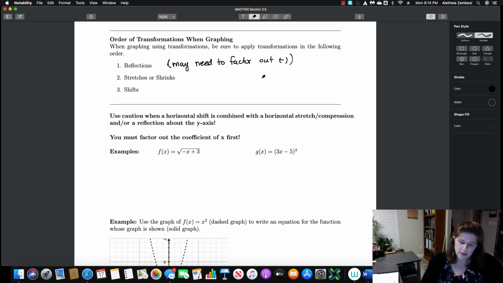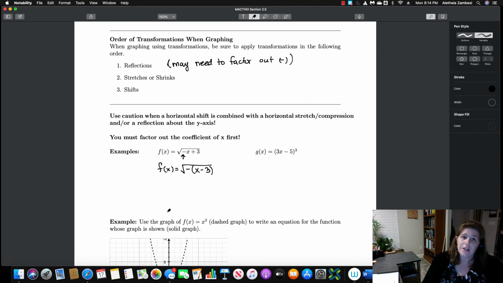So be cautious when you're doing a compression or a reflection around the y-axis. You have to factor out that coefficient first. So see this negative x here? We have to factor that negative x to the front inside the grouping symbol before we start. So f of x is really the square root of negative x minus 3.